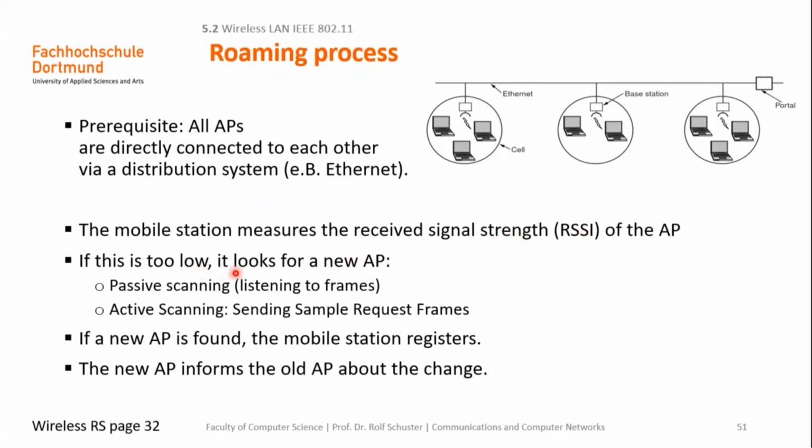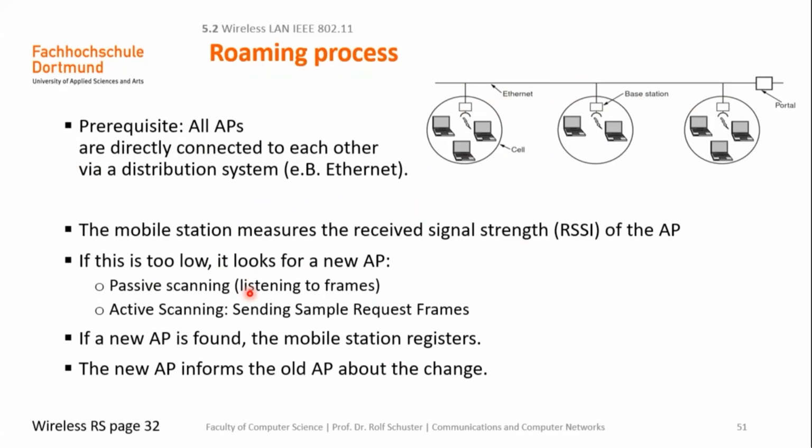The looking for a new access point could be performed passively, typically scanning the carrier signals and listening to the frames that the access points are sending, or by active scanning, sending a probe request frame in order to test the presence and the quality of the carrier signal transmitted by the different access points.